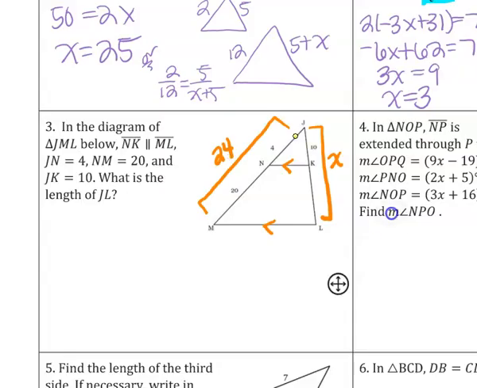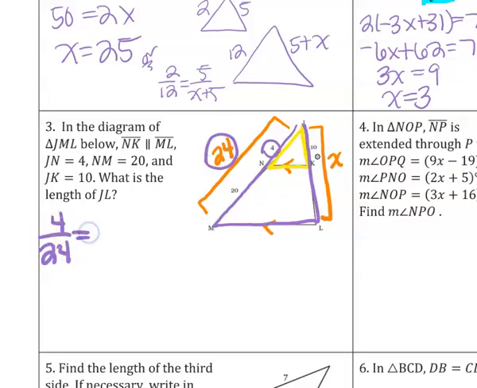Now what I can do is compare the small triangle to the big triangle. So 4 corresponds to 24, as 10 corresponds to X. And from there I can cross multiply to solve.